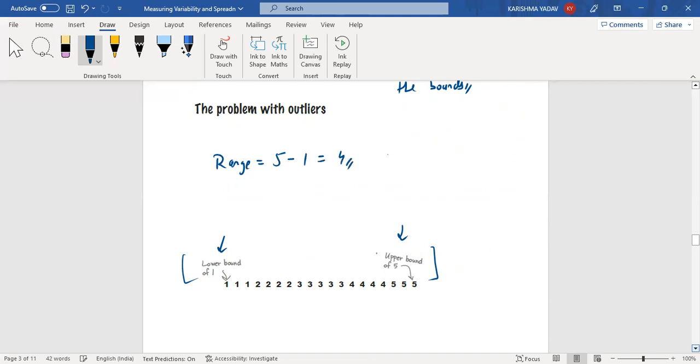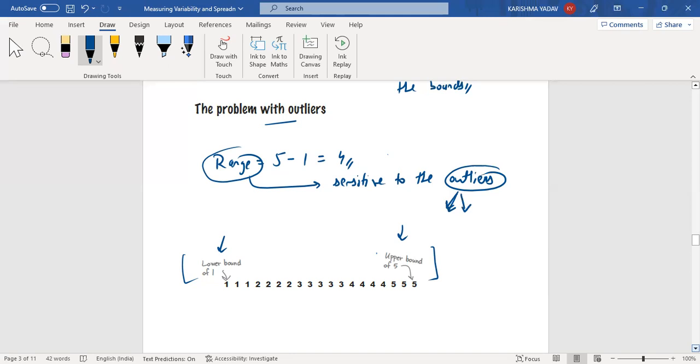Now if my data has outliers, using the range to describe how your values are dispersed can be very misleading, because the range is very sensitive to outliers.